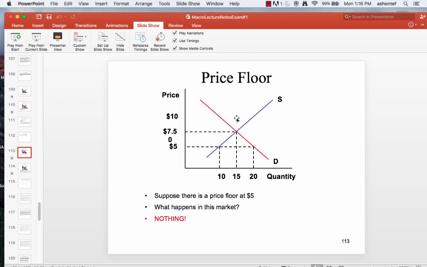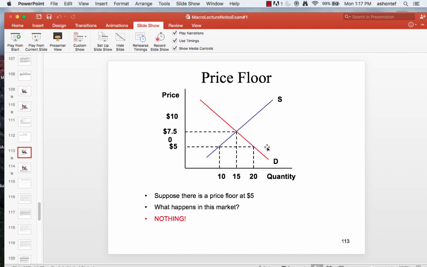A price floor is where the government comes in and says, we're going to impose a price floor, which means a price cannot go below a certain amount. This is a good example of a price floor that is not binding, because again, at $7.50 the quantity supplied is 15 and the quantity demanded is 15. With no intervention, we'd be at this nice point of 15 units at $7.50, and then the government says we're going to impose a price floor.